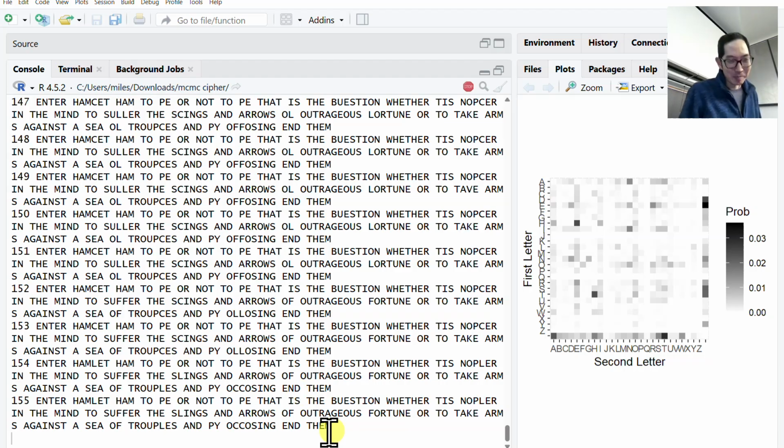Oh, here we go. Enter Hamlet. Ham to, okay, to pee or not to pee. That is the question, whether 'tis Knockler in the mind to suffer the slings and arrows of outrageous fortune, or to take arms against a sea of troubles, and by opposing end them.